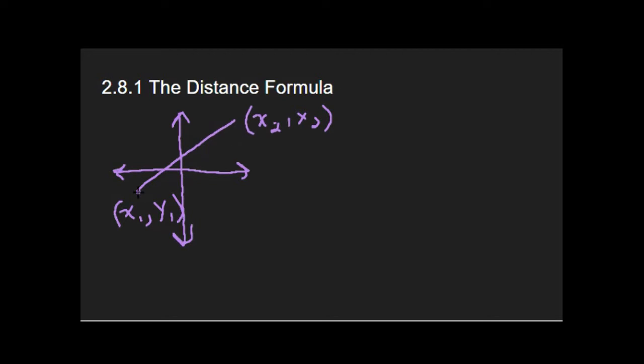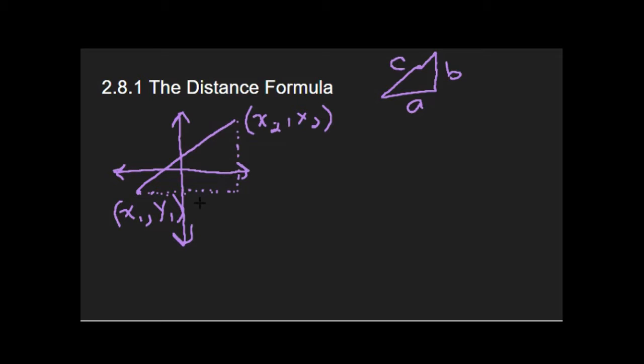Now, if we turn this into a right triangle, let's just put a dotted line in here to go across and one to go down. There we go. Then we can see that we have the same thing that we just had with A, B, and C, right? Except now our A side is on the x coordinates and the B side is the y coordinates.